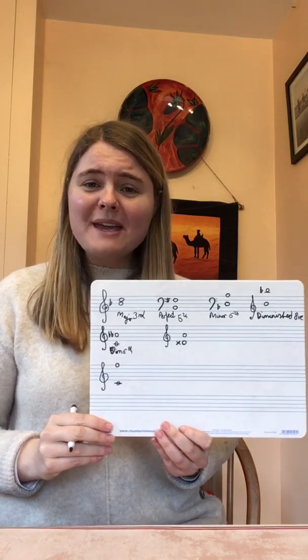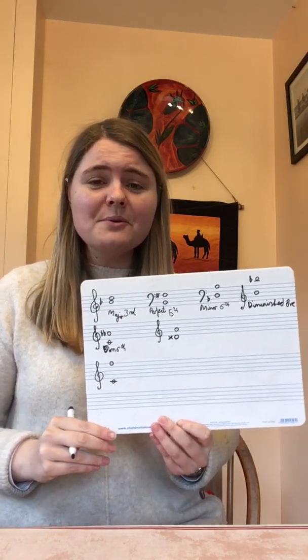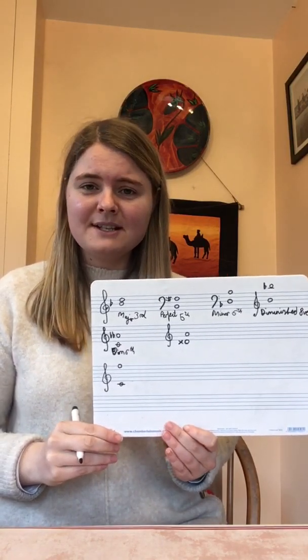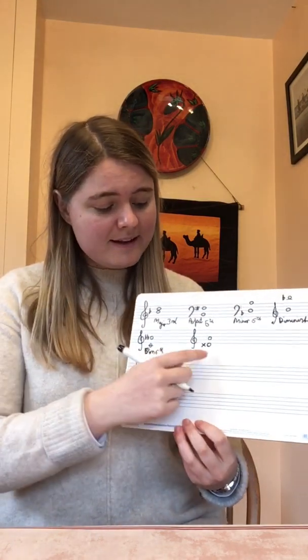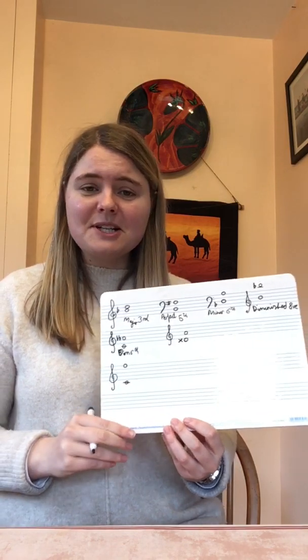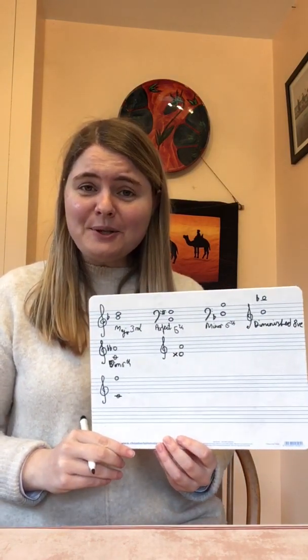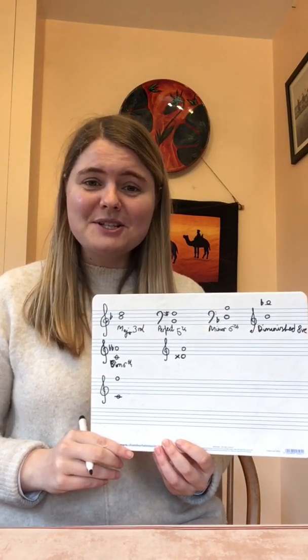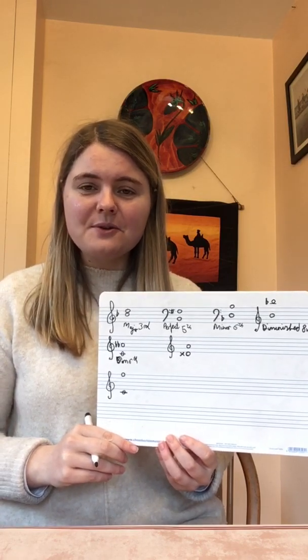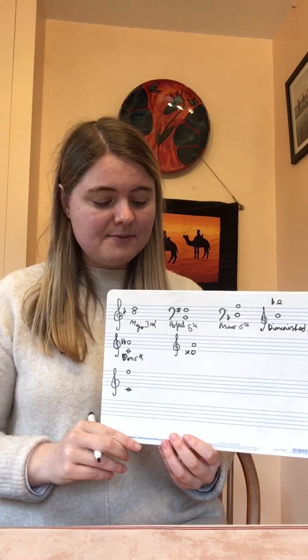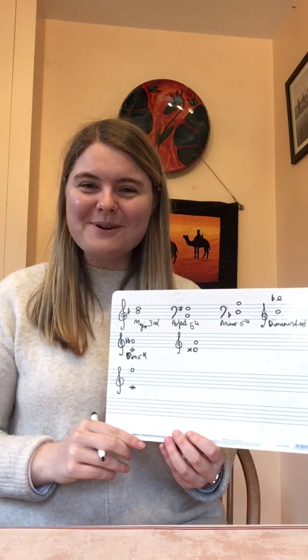So you may be thinking, well, that's very well and good, but what happens if I can't imagine the scale of the bottom note? For example, our next one, D double sharp. I don't know about you, but I certainly cannot picture myself playing a D double sharp major scale. So what we can do is take our interval and lower both notes by a semitone and see whether that helps.